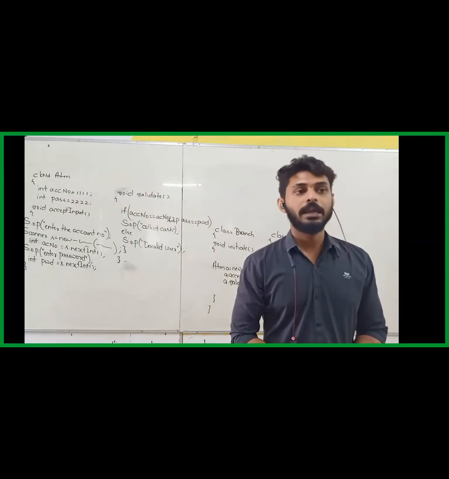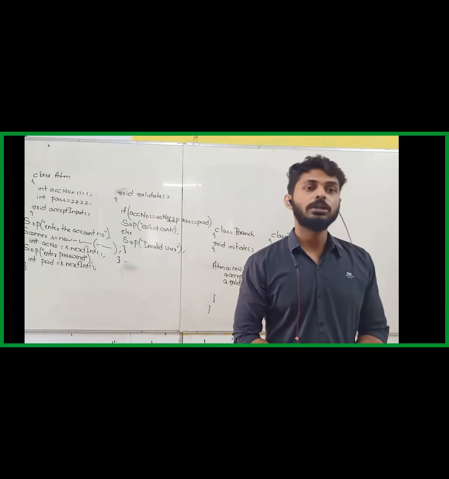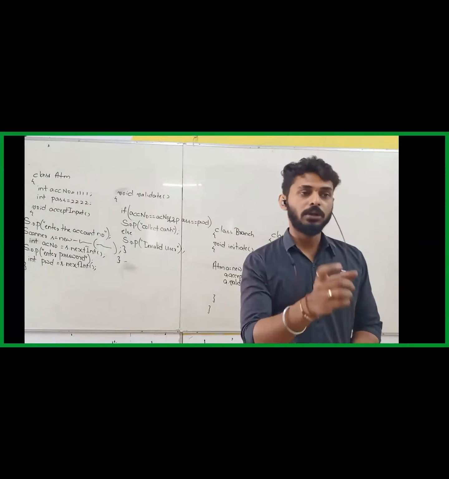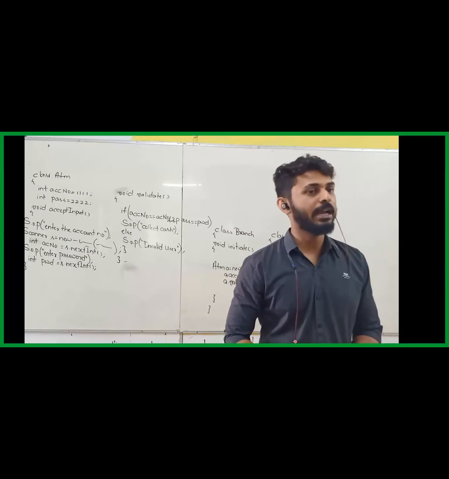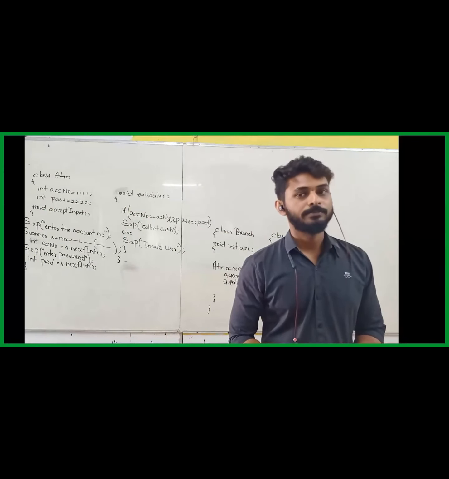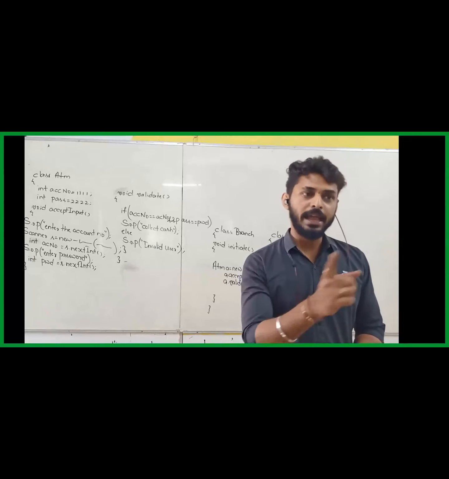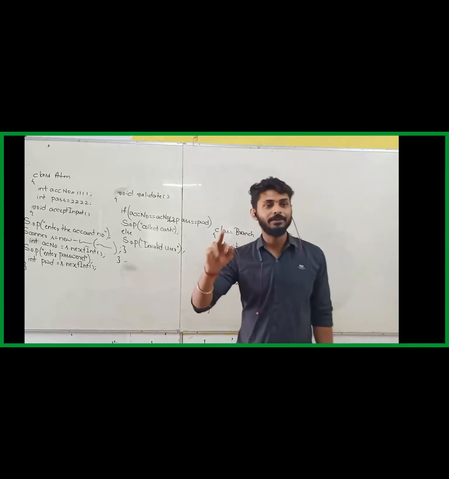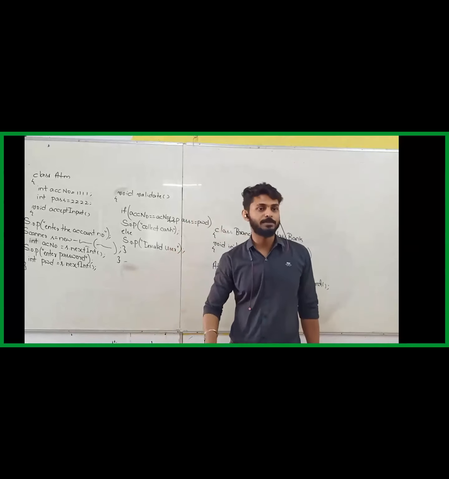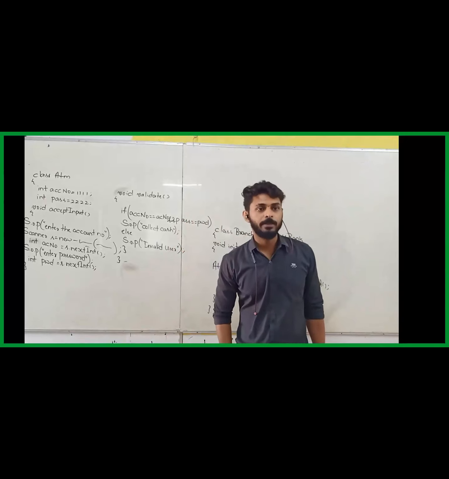If you want to call any particular exception an exception, what is the basic criteria I have told? All the exceptions have exception only as their parent. Yes or no? Am I right?